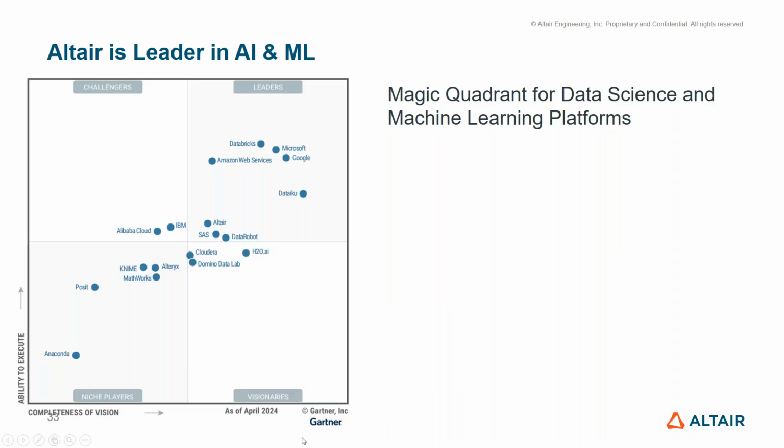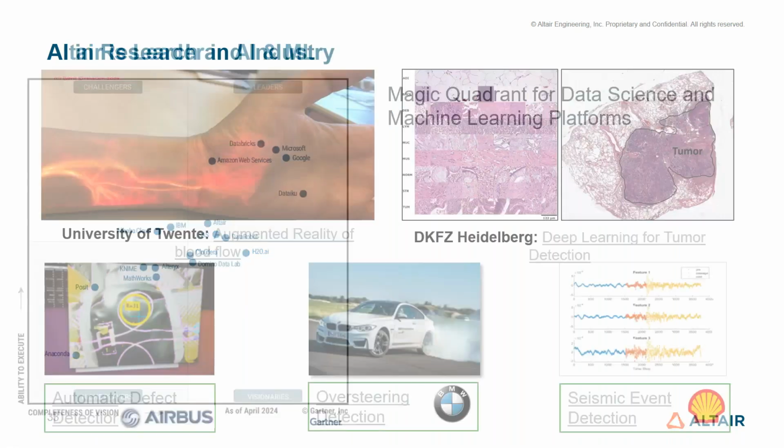Gartner has submitted this report globally, and that's where Altair was named a leader in June 2024 itself. So Altair has been recognized for its comprehensive vision and ability to execute real-time simulations using AI and ML and geometric deep learning techniques using digital twin as well.